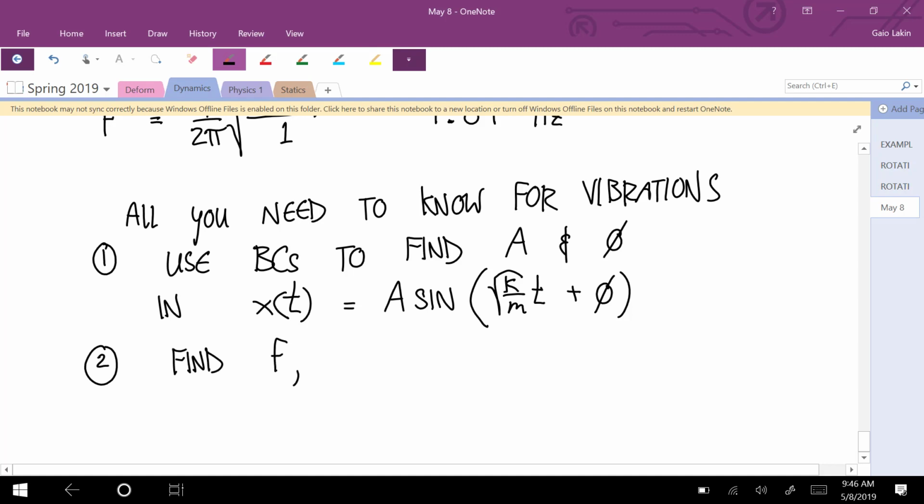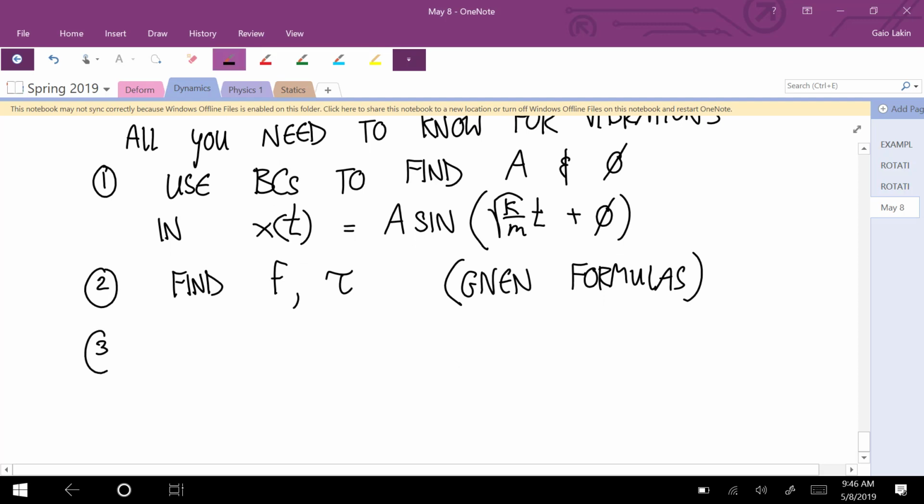Find the frequency and period. And I'll give you those expressions so you don't even have to remember that. And then simplify systems with series and parallel springs.